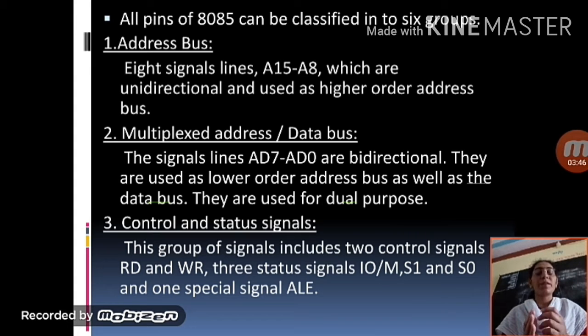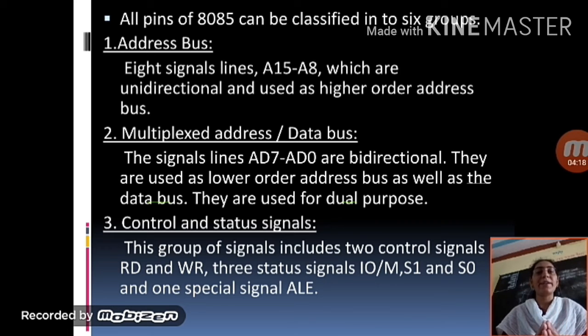Okay. The next is the multiplexed address or data bus. These signal lines AD7 to AD0 are bidirectional. They are used as the lower order address bus as well as the data bus. They are used for dual purpose. These are bidirectional, means both incoming and outgoing are possible.